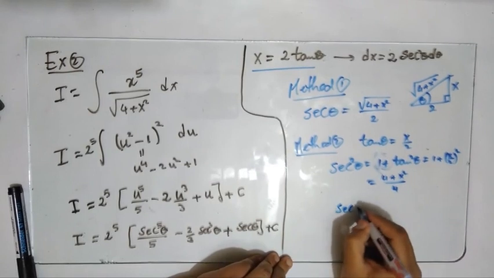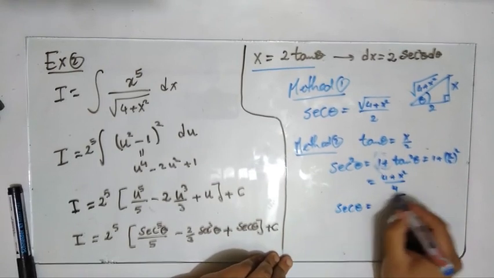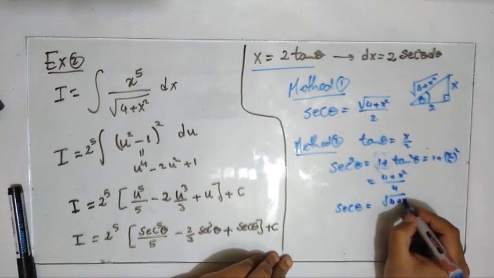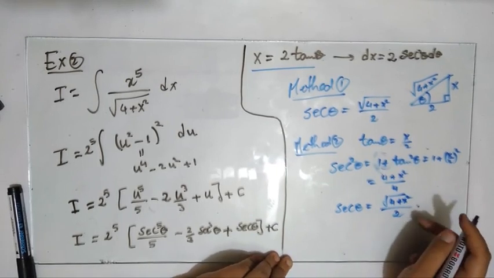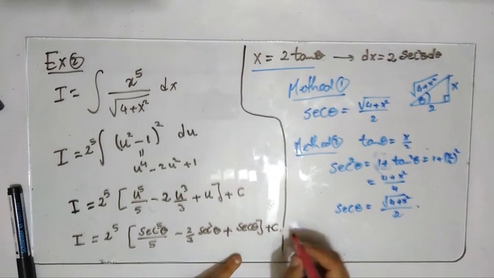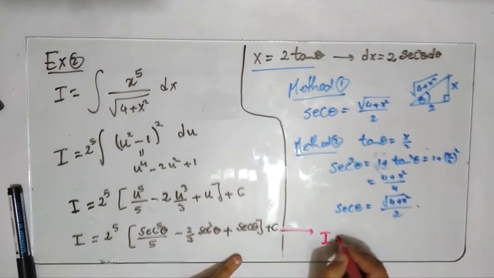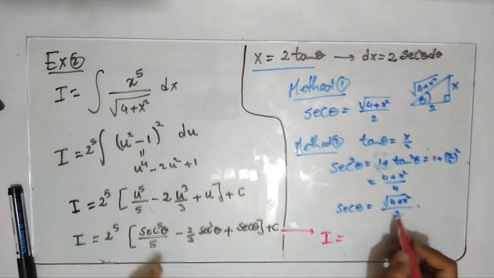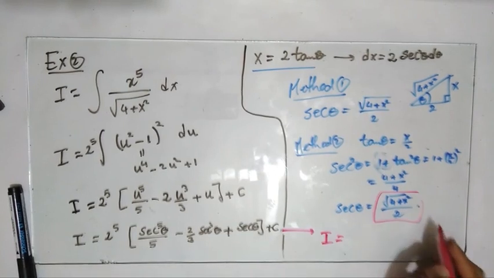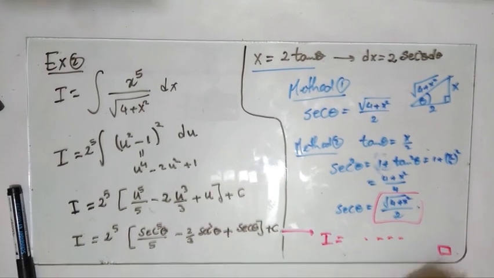So sec theta will be the square root of 4 plus x squared over 2, okay. So you can substitute here and you can write I in terms of x. You replace sec theta by its value, okay. So in this way we are done with this example.